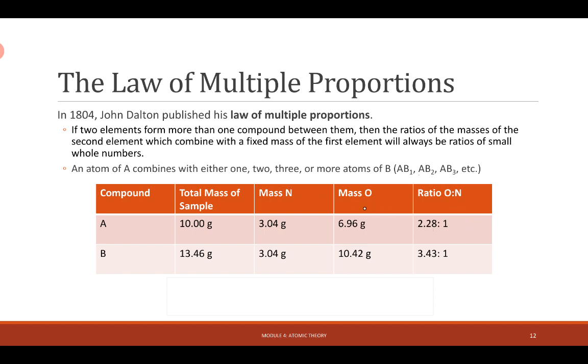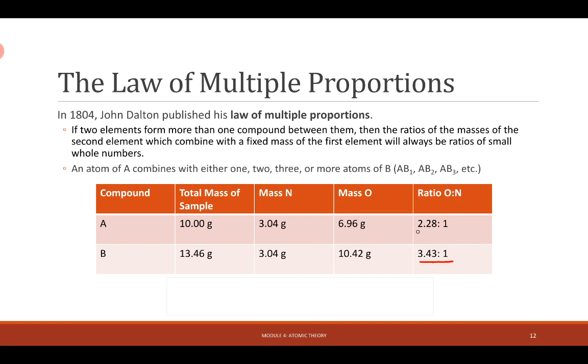But nitrogen and oxygen don't just form this compound, they also form a different compound that has more oxygen for the same mass. So for the same mass of nitrogen, there could also be more oxygen. And now that compound has this ratio of oxygen to nitrogen. So that's 10.42 divided by 3.04, which gives you 3.43.